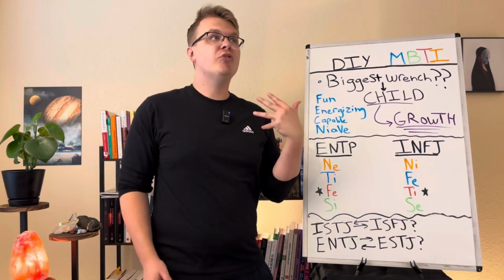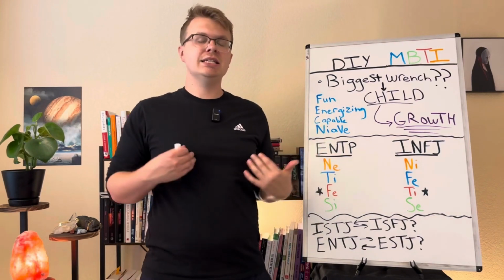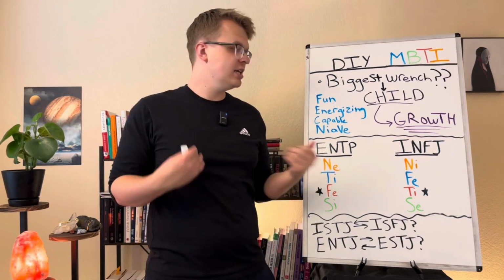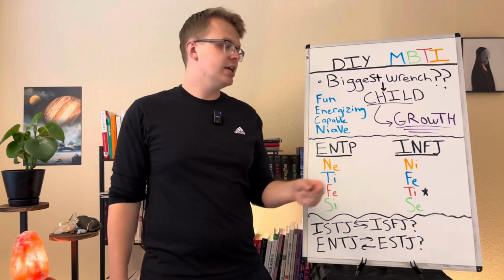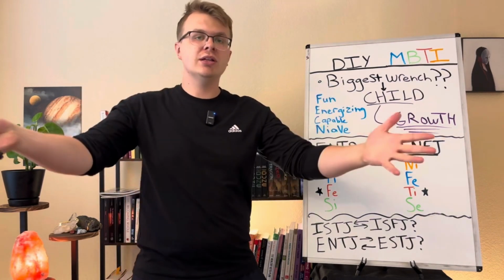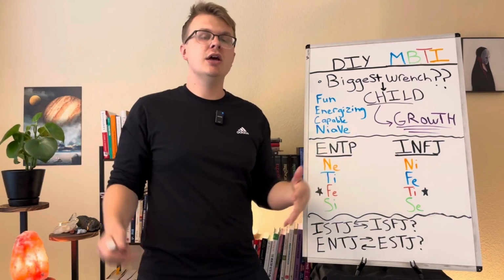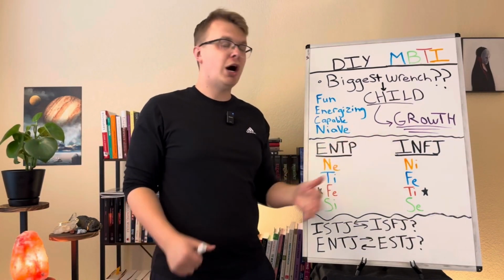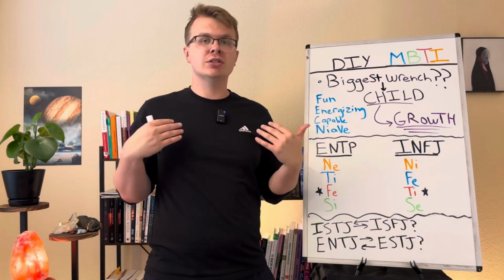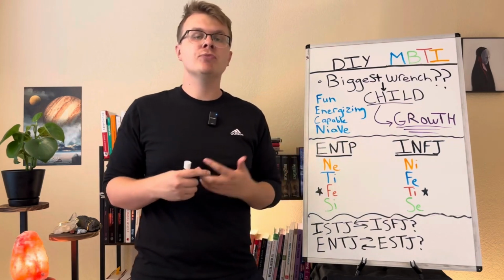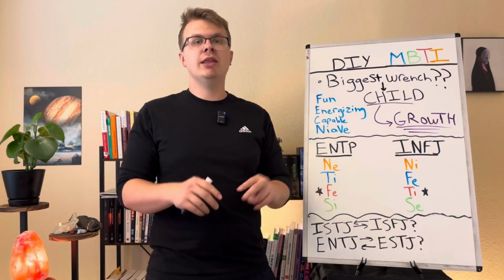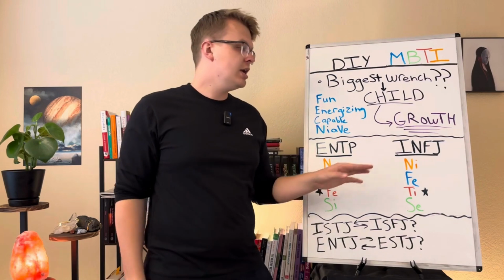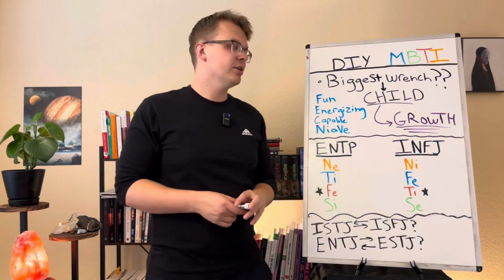INFJs, they don't feel like feelers on the inside because their internal state is one of logic and thinking. They feel externally, that they feel for others more than for themselves. So on a subjective internal state, they would probably identify more as a thinker, even though they are technically a feeler because the feeling function is higher.